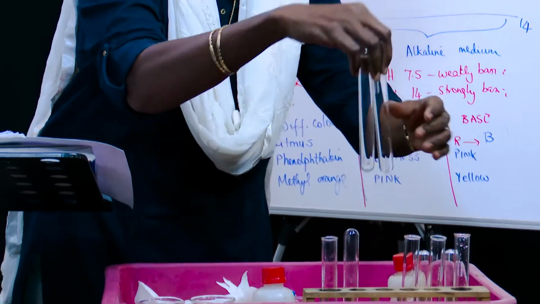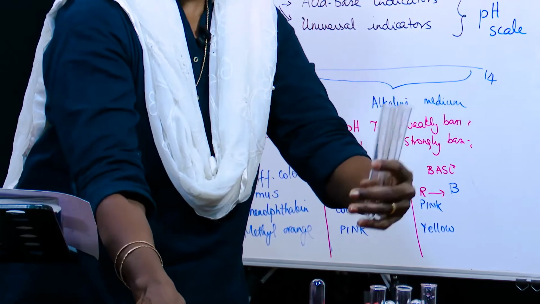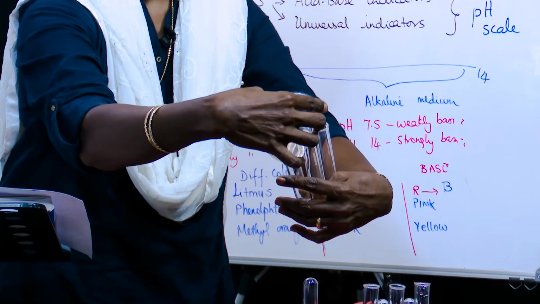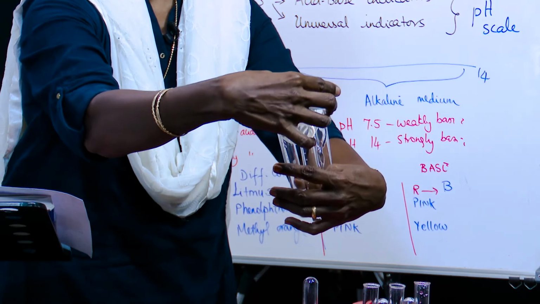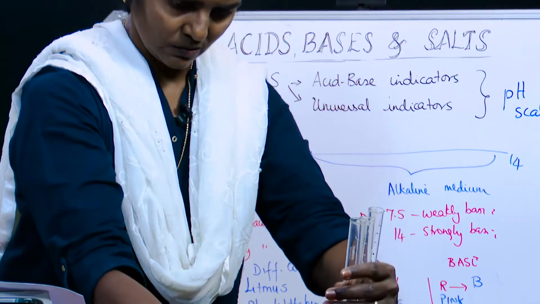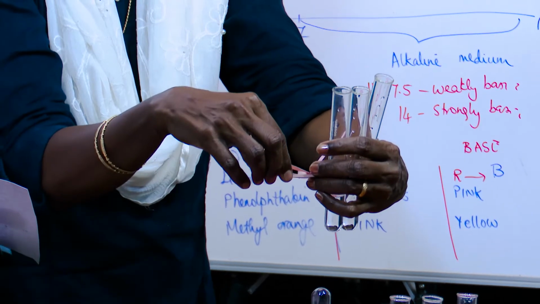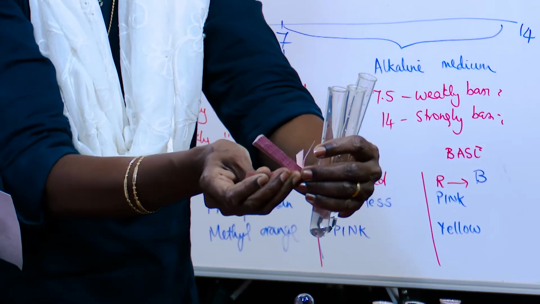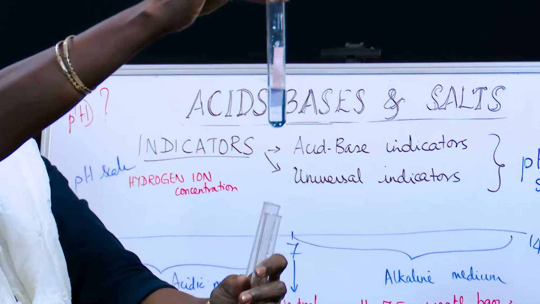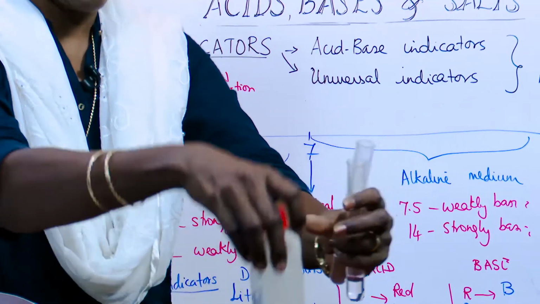Now let's go to the base. Let's take some base in 3 test tubes. This is sodium hydroxide. Now I take red litmus paper and introduce it into this. It turns blue, so that means it's a base. Then we add phenolphthalein.